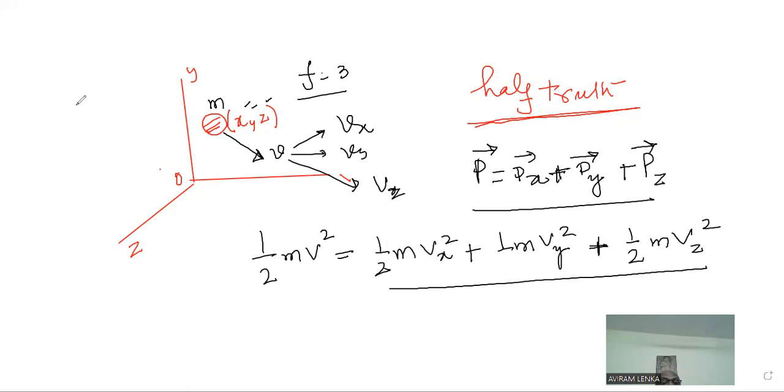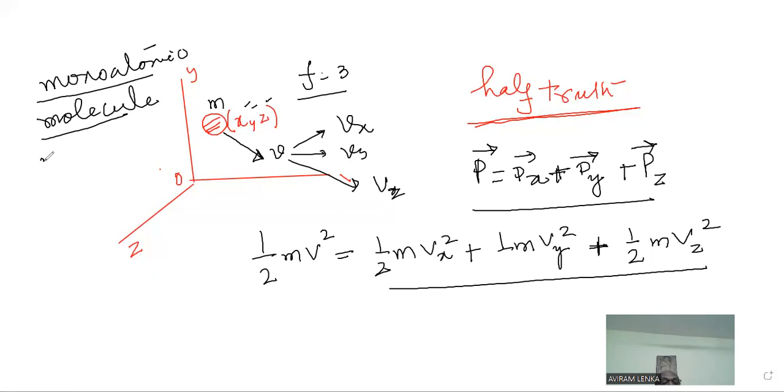That is valid for a monoatomic molecule, because a monoatomic gas molecule is nothing other than a very small point mass. So for a monoatomic molecule, remember that the degree of freedom is equal to 3.